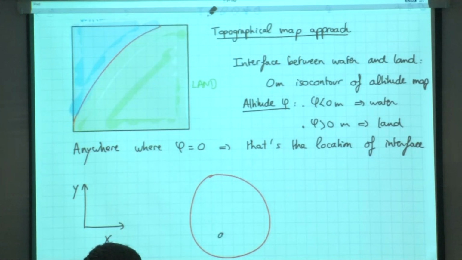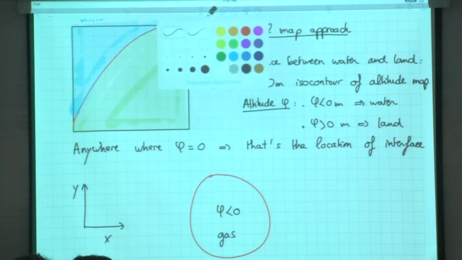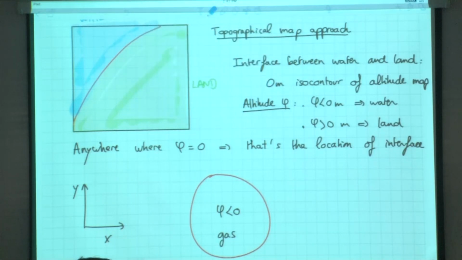Inside we're going to have a gas. And we're going to use the same definition, so we'll say phi is less than 0 here. And outside, we'll have our liquid, that will correspond to phi greater than 0.